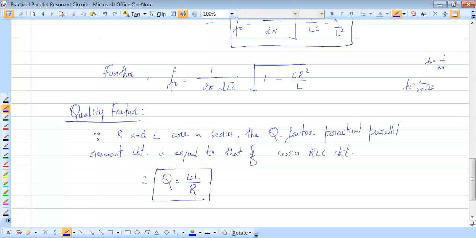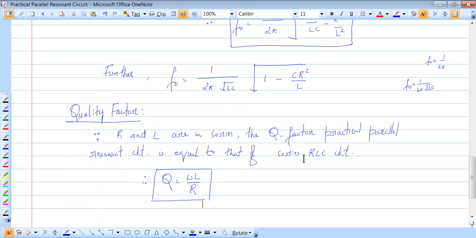Now, is it possible to express this equation in terms of the quality factor is the question. Everybody look at this. This is the series RLC circuit quality factor.